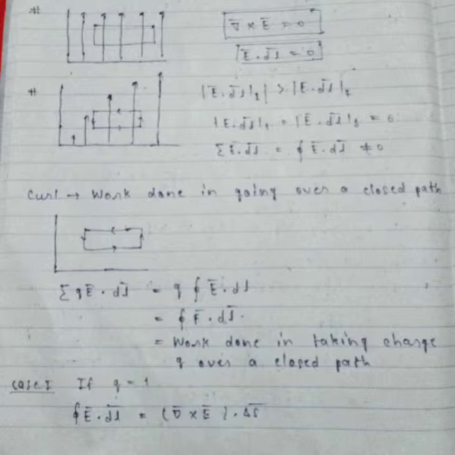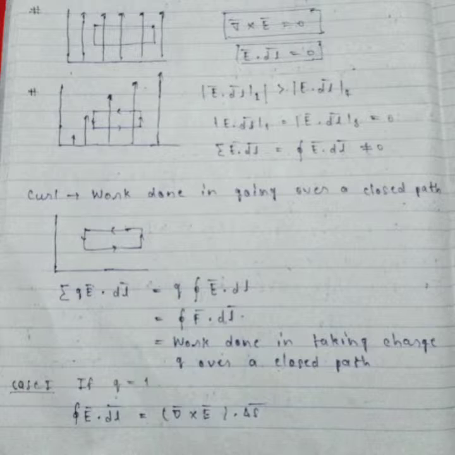Why? Because as you're going towards the right, the field value is increasing. On the other hand, on 1 and 3 it is 0. So E dot dl on 2 is greater in magnitude than E dot dl on 4, and E dot dl on 1 is equal to E dot dl on 3, which is 0.